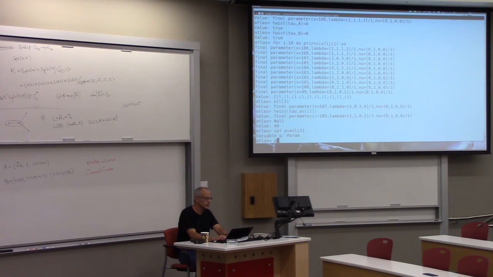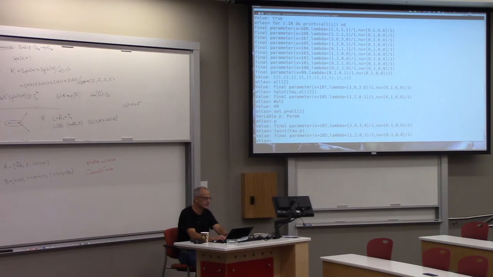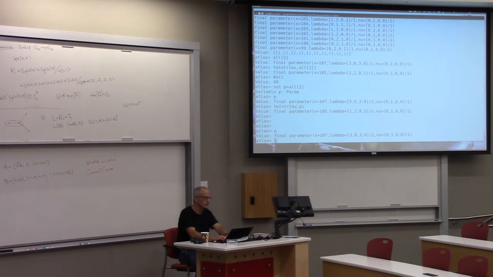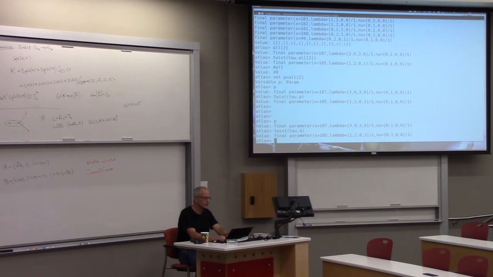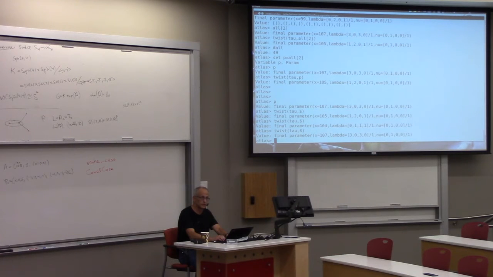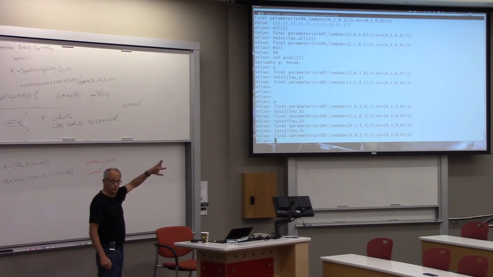There's P. Twist tau P. If you apply tau to it, you get number 105. Apply tau to that, you get 104. Apply tau to that, you get back to 107. Cute, huh? So the triality is acting non-trivially on this, permuting those three.